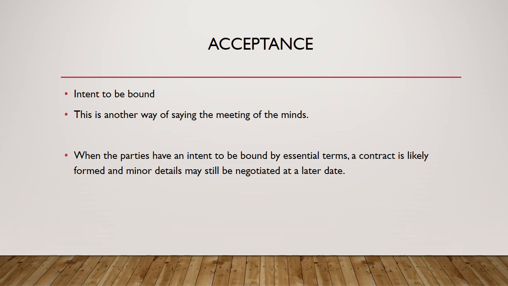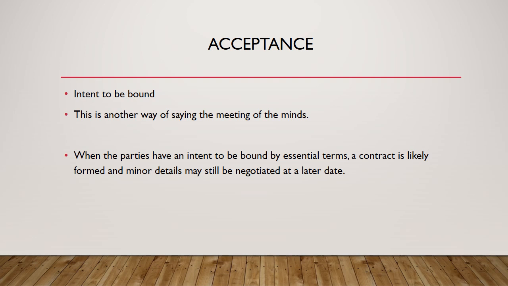So acceptance, again, just like with the offer, requires an intent to be bound. Both the offer and the acceptance have to have an intent to be bound. That goes right back to the meeting of the minds. You've both got to be on the same page and have an intention to be bound by the essential terms of the agreement.